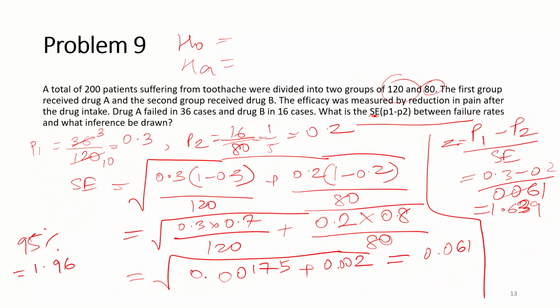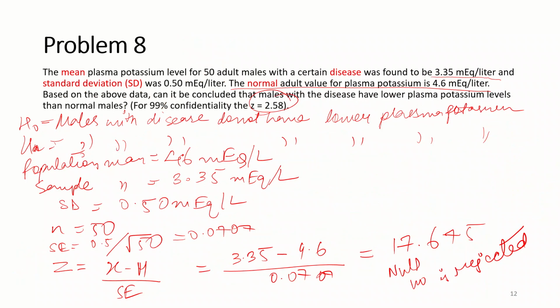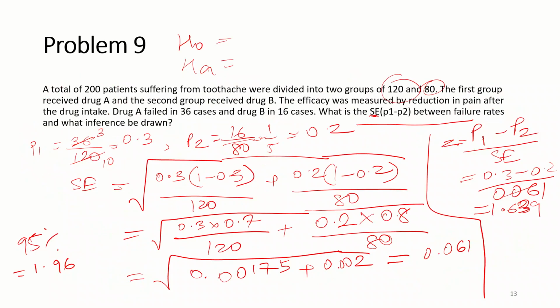That was a case where we already have a population and we are comparing it with our sample. But here, both are samples, and then we are comparing the relation between them. So in such cases, maybe you all can also try.